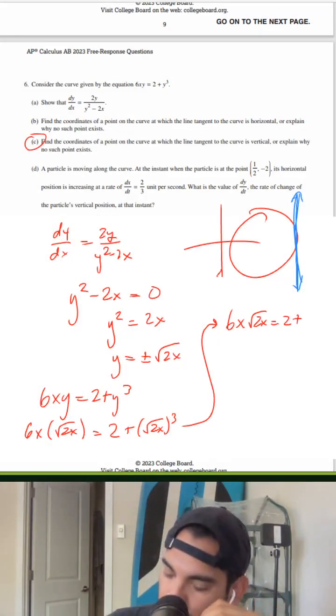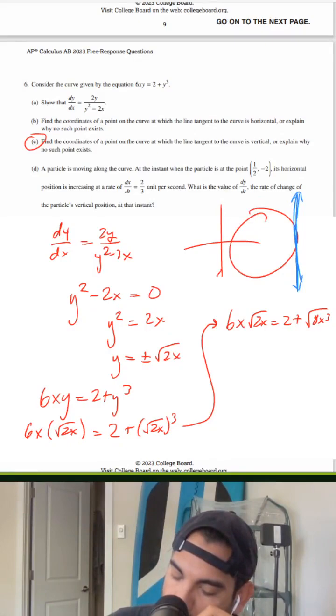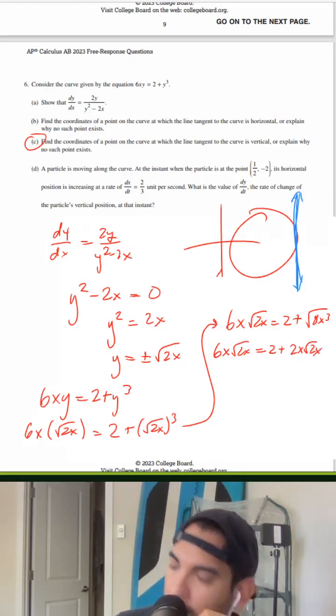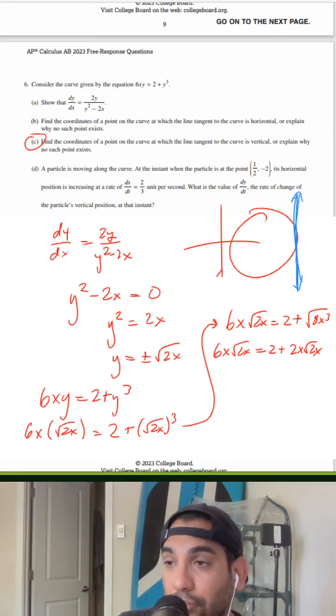Now, you got to be very careful with this. Technically, this is root 8x cubed. That's how it looks right now. But if I simplify this, what we have is 6x root 2x is equal to 2 plus 2x root 2x. The reason being is because the root 8 turns into a 2 root 2, and in the x cubed there's an x squared, so we can take that out.